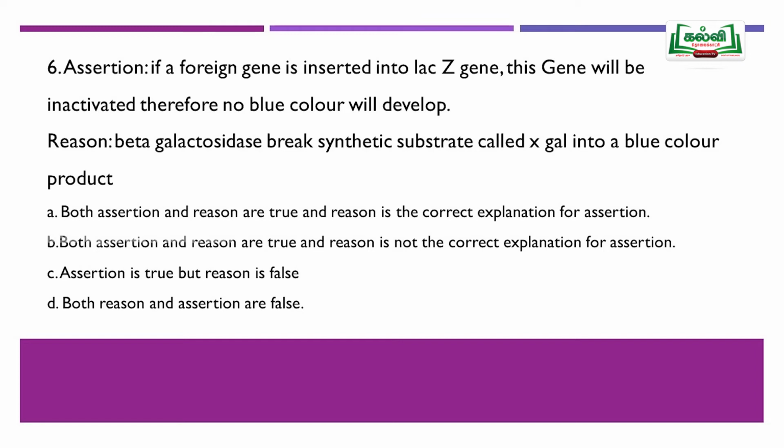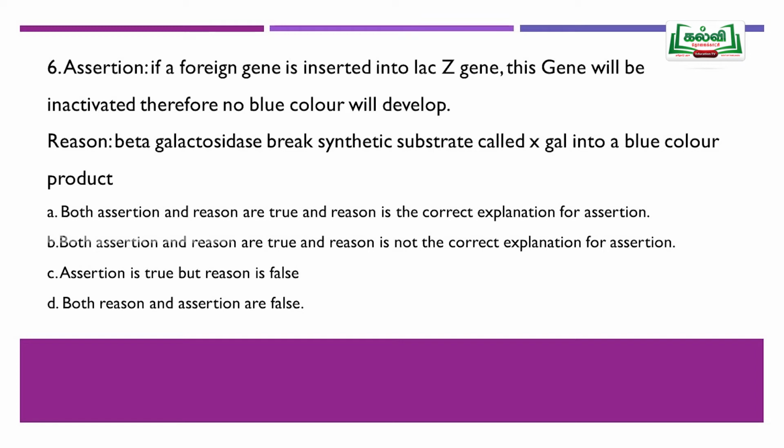So the assertion is exactly correct, because due to the insertion of a foreign DNA into a lac-Z gene, the beta galactosidase enzyme will not be produced. If beta galactosidase is not produced, it does not react with the X-gal chemical and no blue coloration will be formed.